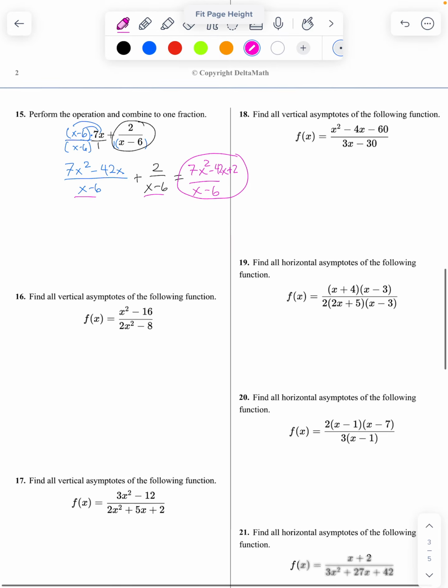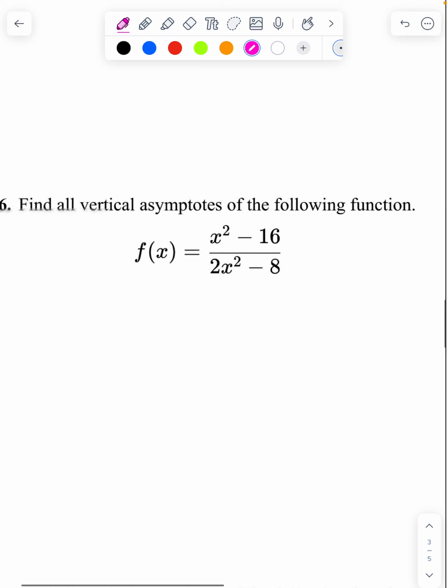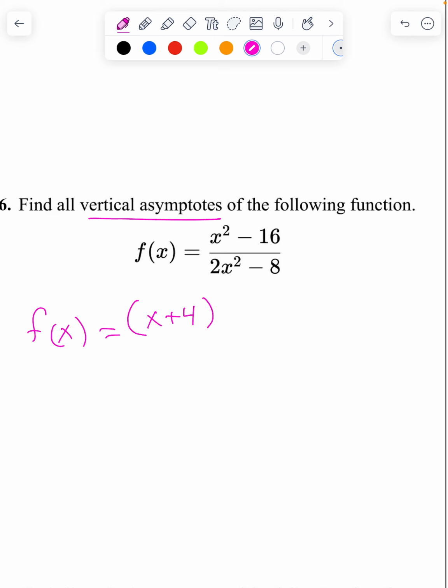All right. Number 16. Find all the vertical asymptotes. So I've got to factor this out. So I got x plus 4, x minus 4. I should recognize that from the last problem we did. Then on the bottom, they both have a 2 in common.